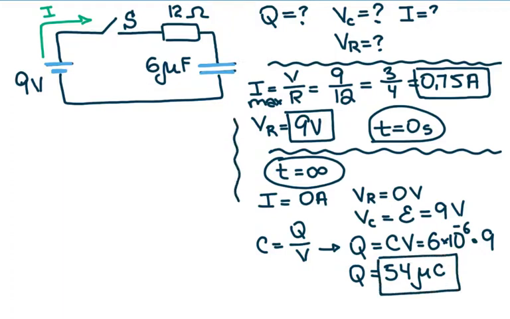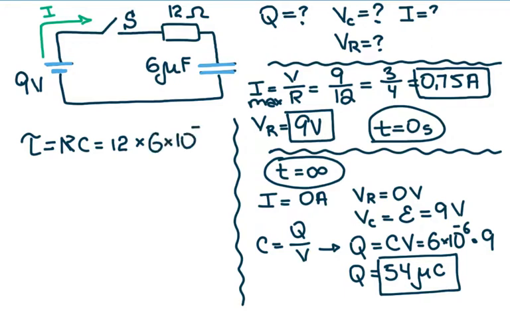If I want to calculate the time it takes for the capacitor to fully charge, tau, it's R times C. R is 12 and the capacitance is 6 micro. So tau, the time to fully charge the capacitor, is 72 microseconds.